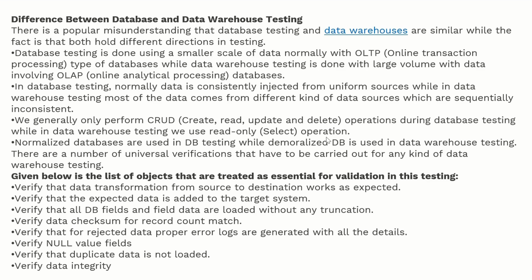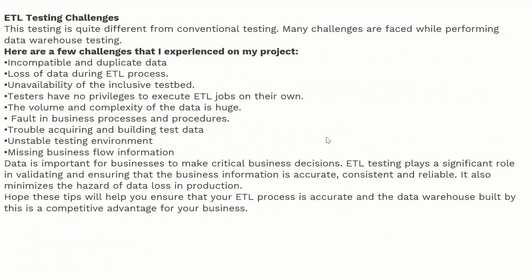Verify that all DB fields or field data are loaded without any truncation. Verify data checksum for record count match. Verify that for rejected data proper error logs are generated with all details. Verify null value fields, and verify that duplicate data is not loaded. Verify data integrity.